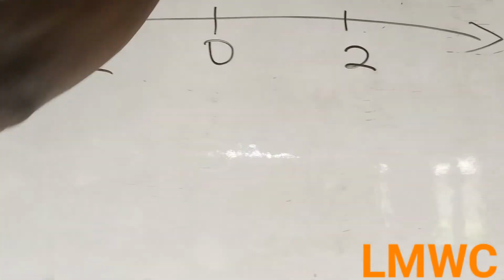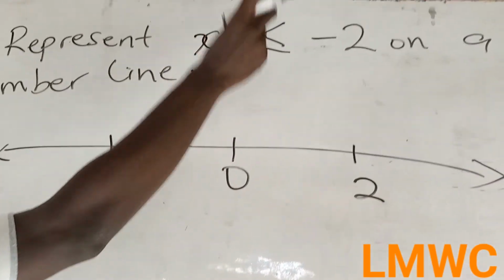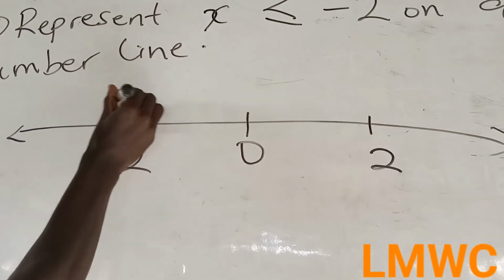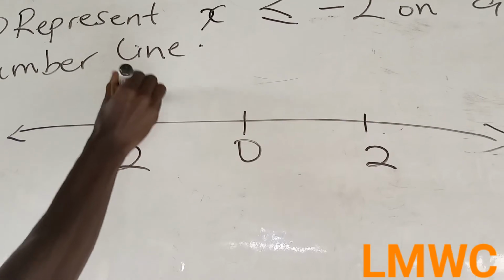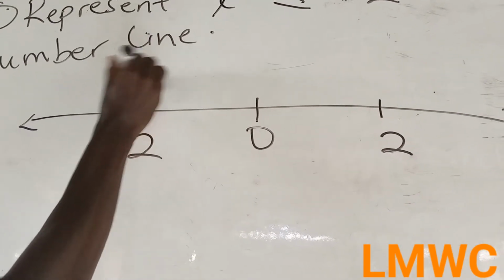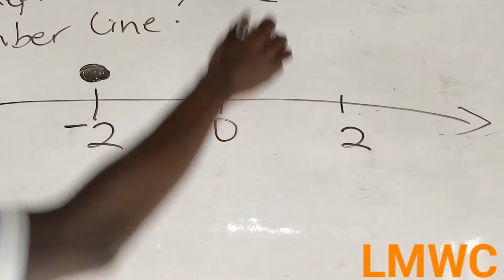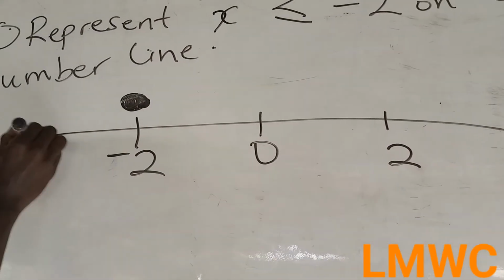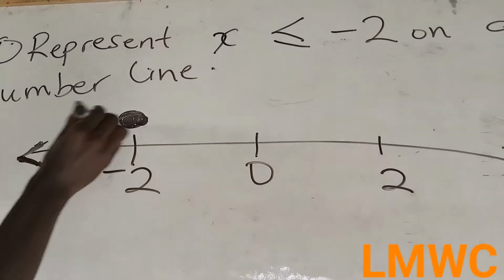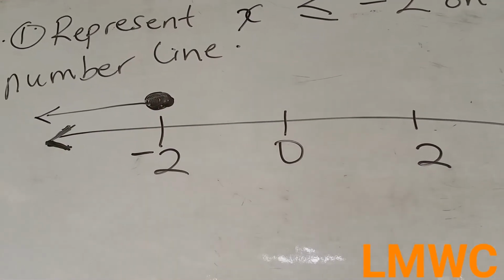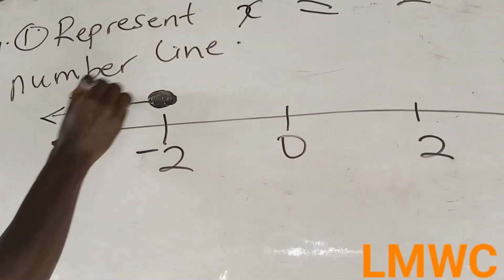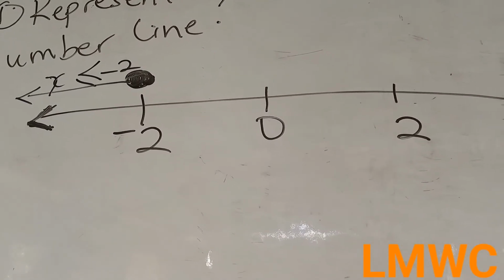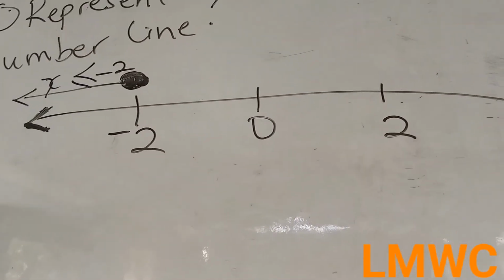Now they have given us less than or equal to. This means this is a shaded circle. So you first shade it because it's -2. They didn't talk of +2. They are saying less than or equal to. So less than, this is the symbol for less than. This is the direction of less than. So you write it like this. So it's x is less than or equal to -2. That's our second example.